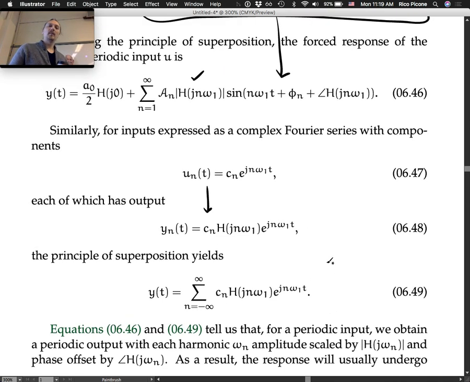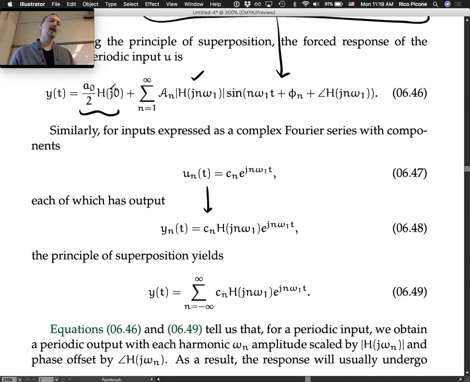I didn't talk about this DC offset term. This term might freak you out at first because it's h of j 0, so that's frequency equals 0. Sometimes frequency equals 0 is a scary concept, but no need to be concerned.